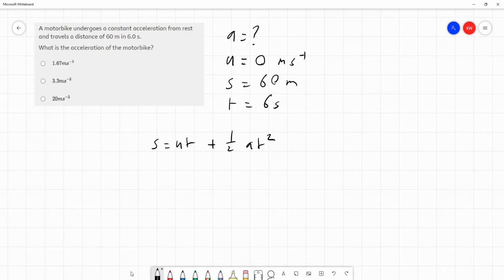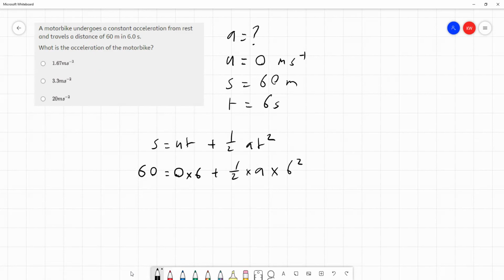You can rearrange it to get a as the subject first, or we can just put our numbers in. And I think putting our numbers in sometimes is the easier route to go down. So we're going to try that here. So for s, we have 60 is equal to u, 0 times 6, that's going to be 0, plus a half times a, which we don't know, times 6 squared.